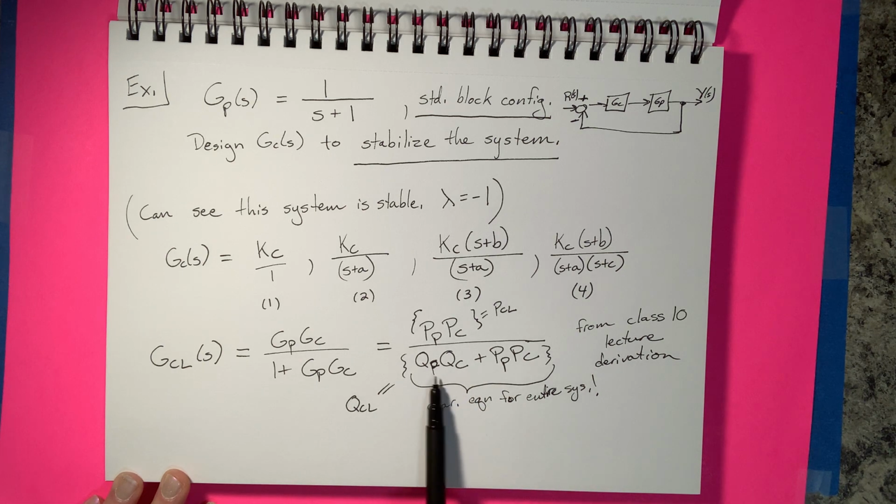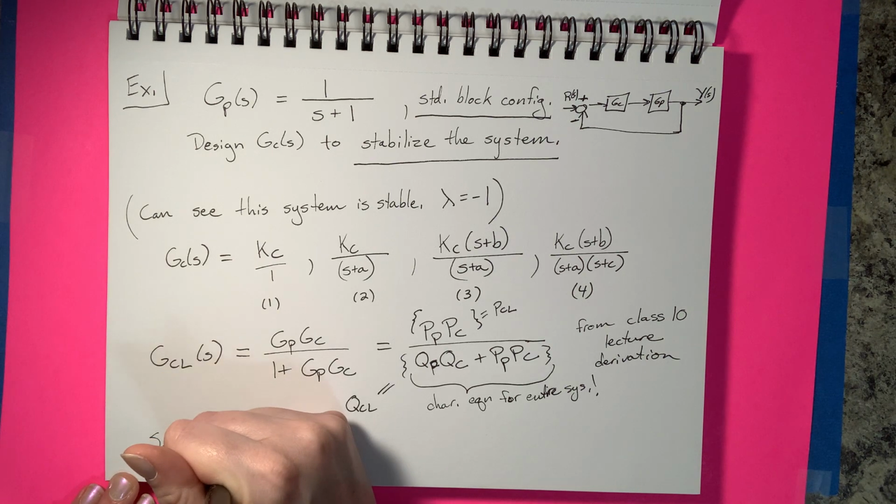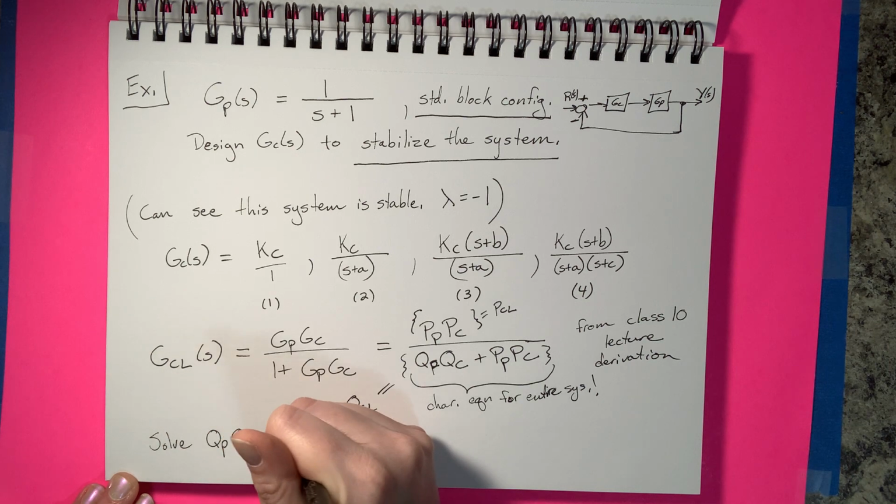But the system roots are what are going to determine the stability. The poles will determine your system stability, if it's stable or not. All right, so we want to solve QP, QC, plus P sub P, P sub C.